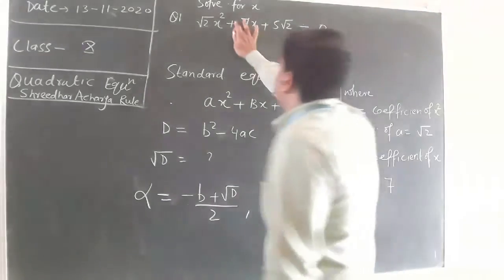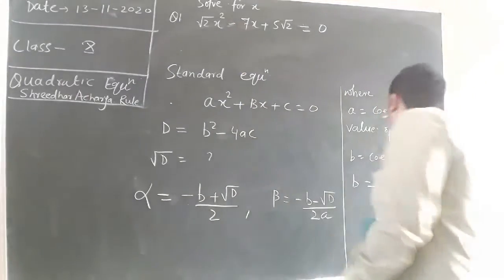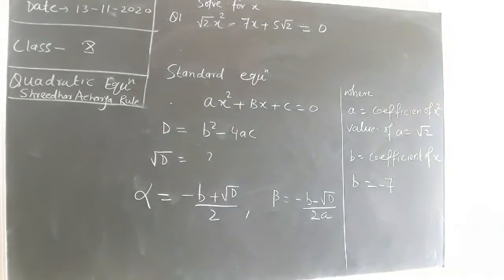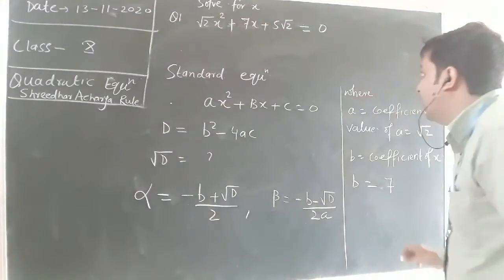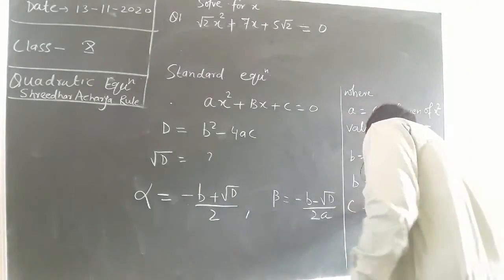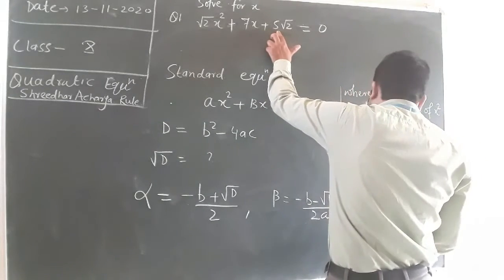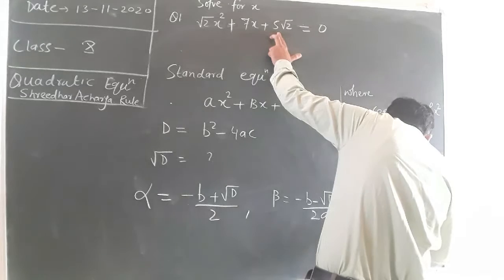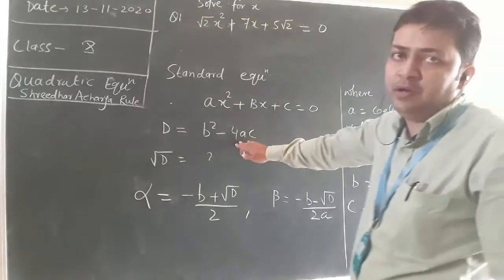If it were minus 7, I would have to put minus 7 here. Here plus is given, that's why I have written plus 7. And what is the value of c? c means the last term with its sign, that is plus 5 root 2. This is the formula, and then after that you need to find D.